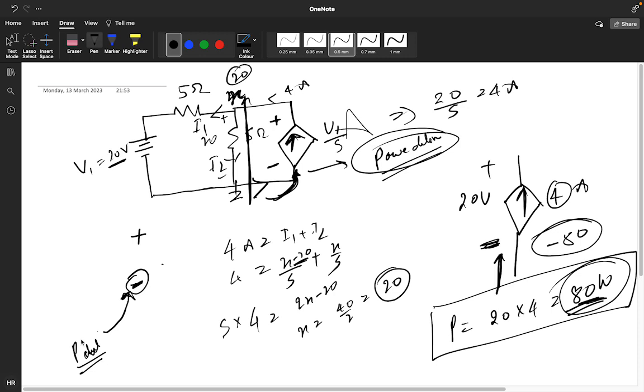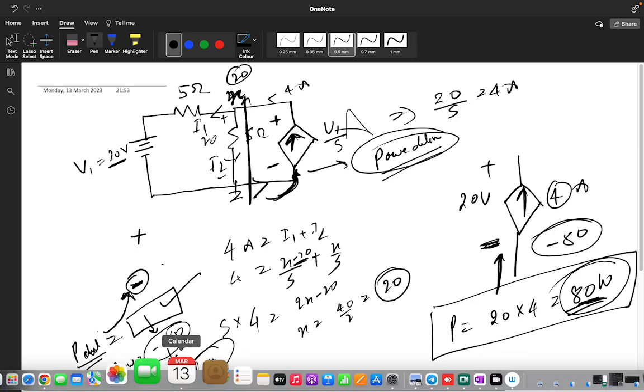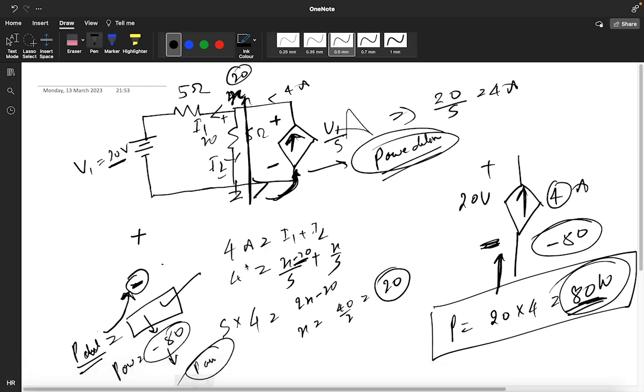If the value comes positive, your assumption is correct. If the value was opposite, like minus 80, then it means power absorbed. Okay, got it.